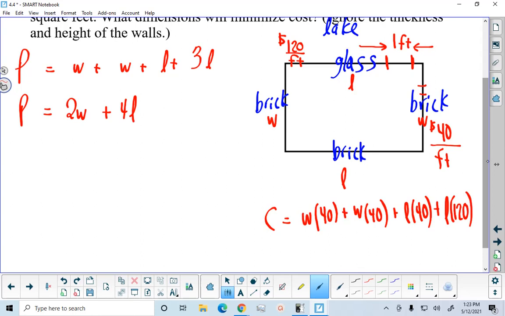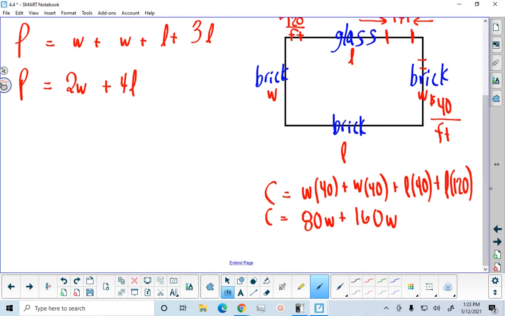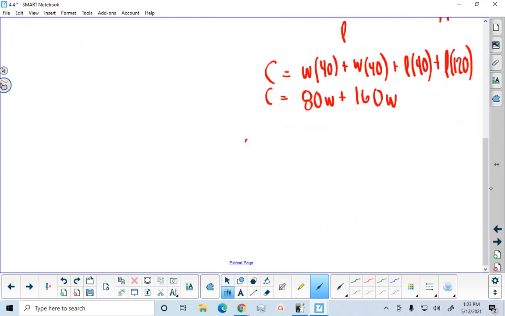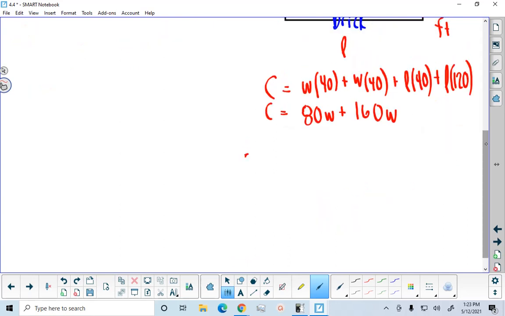So your actual cost formula would be 80W plus, I believe, 160L.